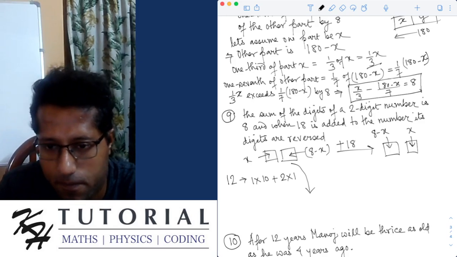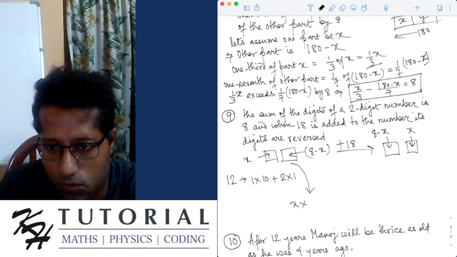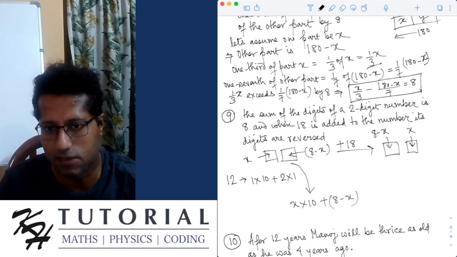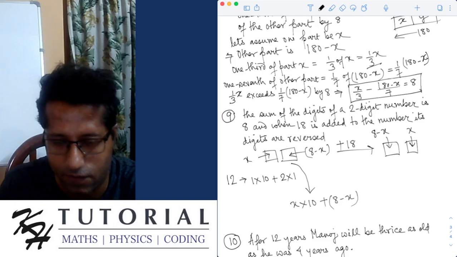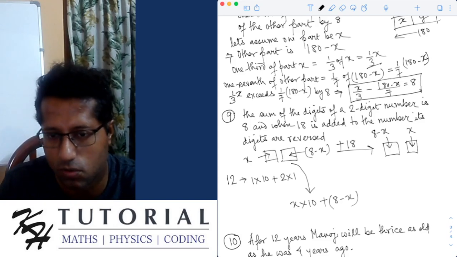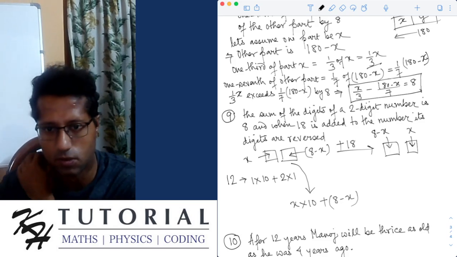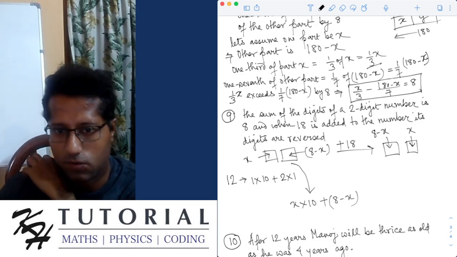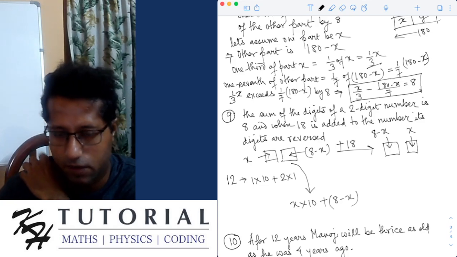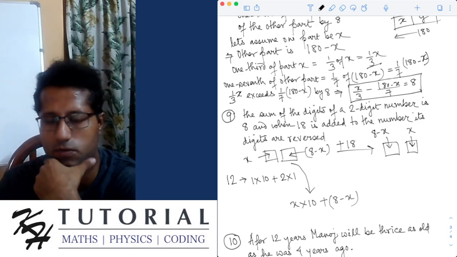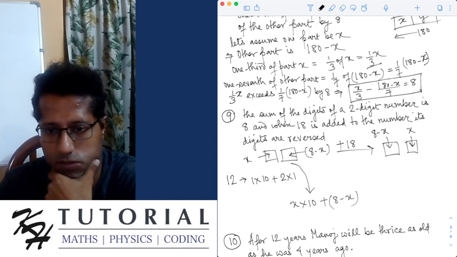It will be x into 10 plus 8 minus x. So x and 8 minus x are both digits, with values like 0, 1, 2, 3, 4 up to 9. Just like the value of the number 12, where the leftmost digit is 1 and the rightmost digit is 2, we found the value in expanded form as 1 into 10 plus 2 into 1.